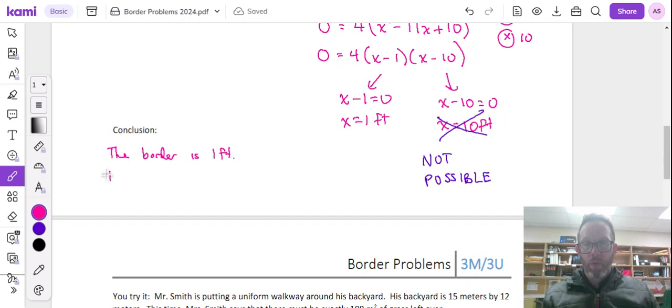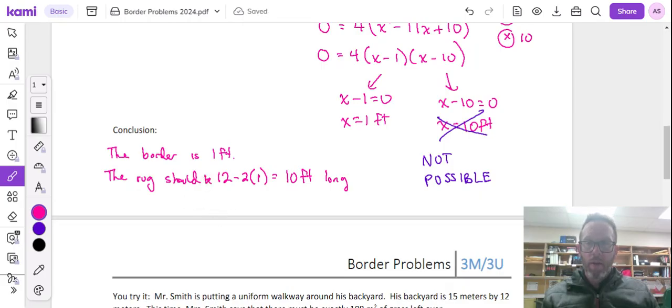So the rug should be, so on one side of the room, or one side of the rug, we have 12, and then we're subtracting 2 of those border widths, which we just found out was 1. That means the rug should be 10 feet long.